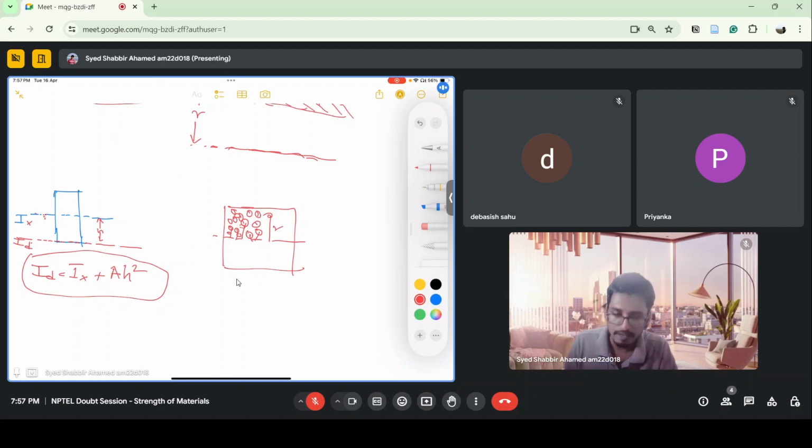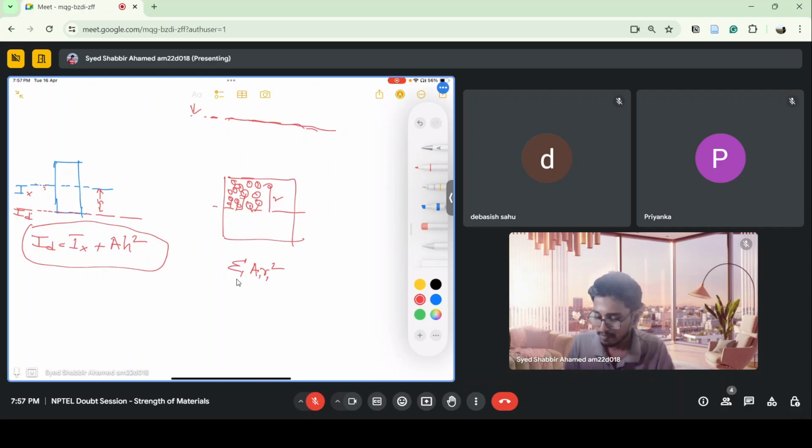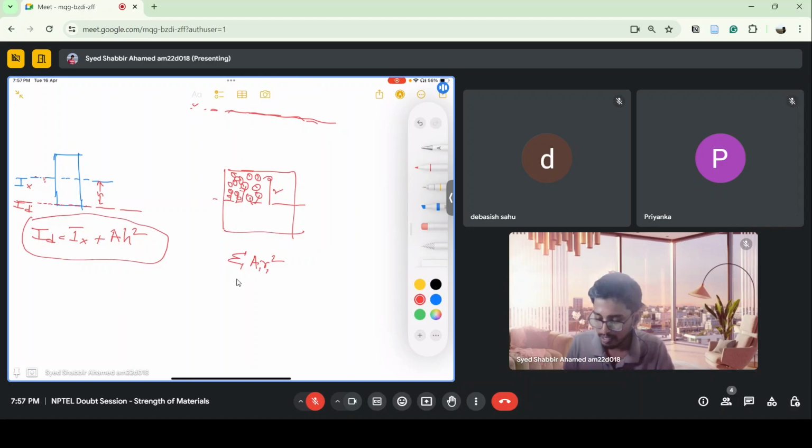This r is varying. So the sum of all the small section areas times their distances squared will give me, sorry, not radius of gyration, moment of inertia.